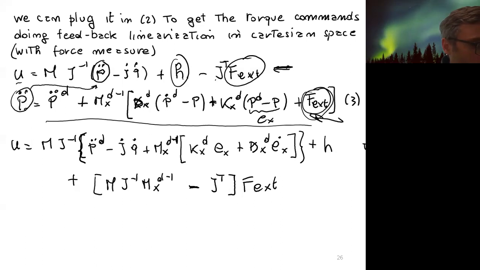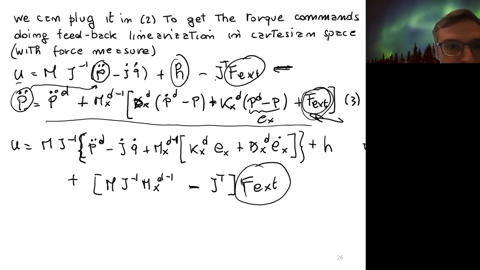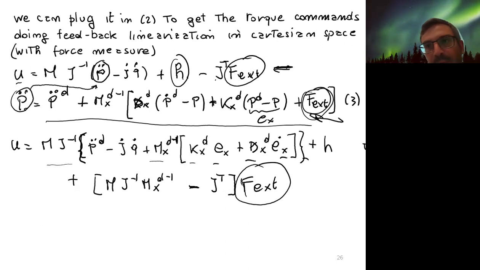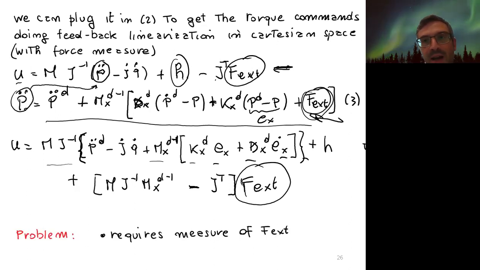And in essence, the problem is that this effects, we need to measure it with a force sensor. So everything else that is in here is related to proprioceptive sensors, encoders, and so on. But this requires a six-axis force sensor.